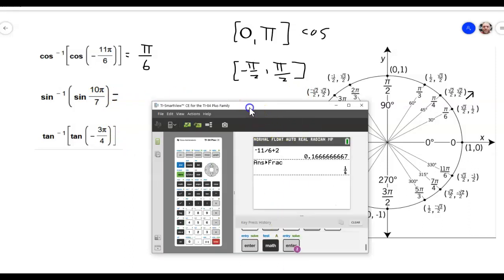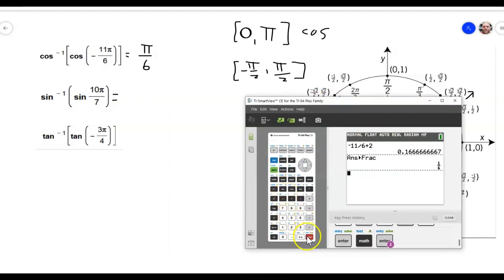The easiest way to do this is to look at pi over 2. So second pi divided by 2. So we're looking for values between negative 1.57 and positive 1.57.